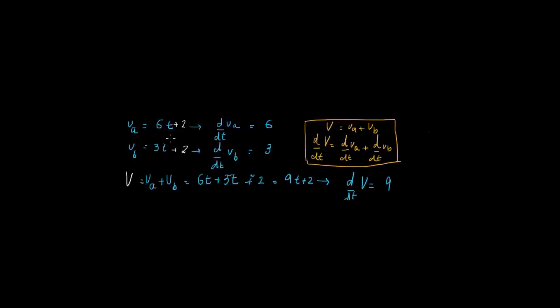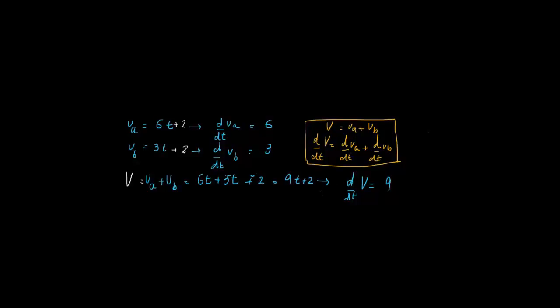Here we have the same two expressions for VA and VB and their rates of change, and we have calculated the total amount of water in the tub, which is the amount due to tap A, plus the amount due to tap B, plus the initial amount, which is 6t plus 3t plus 2. Then we calculated the rate of change for that total volume, which again comes out equal to 9.